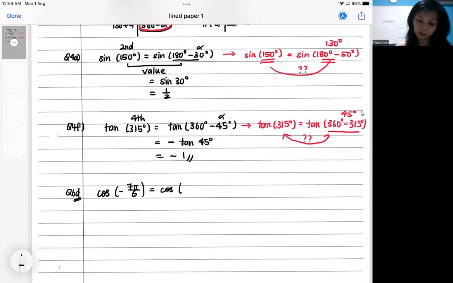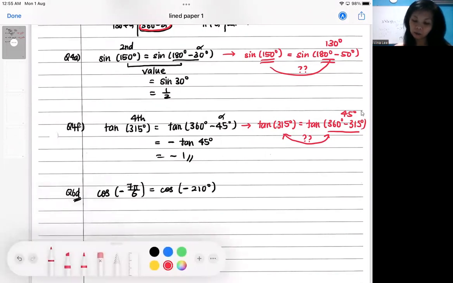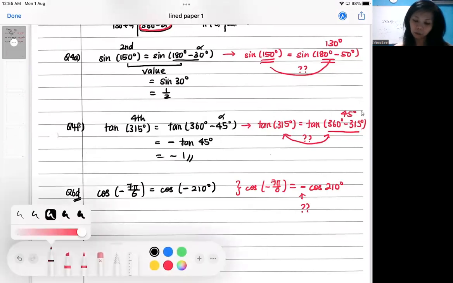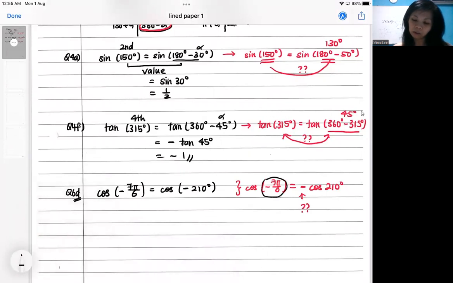You convert to degrees, and when you convert to degrees, you get minus 210 degrees. But in your working, you actually wrote something like this. Your negative was outside. Why is the negative outside? It is not equivalent. You don't have the idea of equivalence. So this is actually not equal to this.